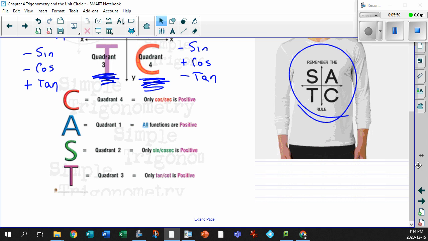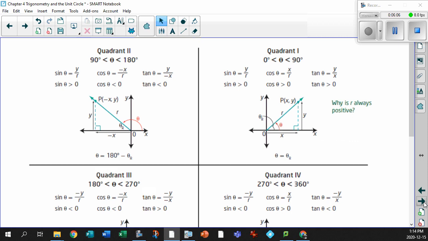Whatever way you want to remember it, either as CAST or add sugar to coffee, I'm going to tell you right now, that becomes incredibly valuable. And it's all based on this. Look at quadrant 1. Your X values are positive, your Y values are positive, so every ratio is positive. Back here, your X is negative, so whatever has an X in it is going to be negative.